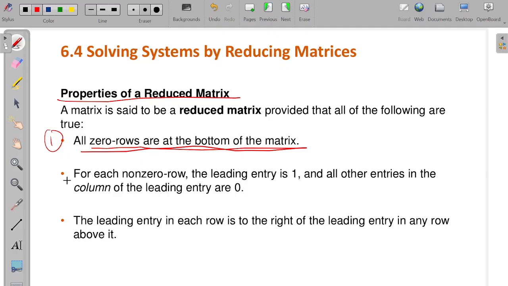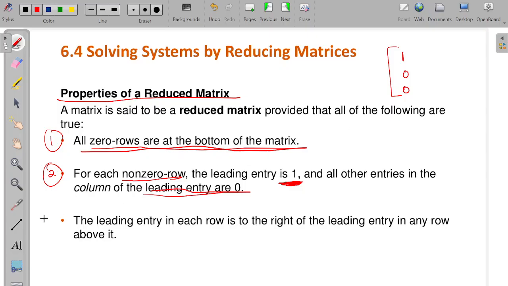Number 2, for each non-zero row, meaning it is not a zero, the leading entry must be 1, and all other entries in the column of the leading entry are 0. So anytime we have a leading 1, the remaining elements in that column should be 0.